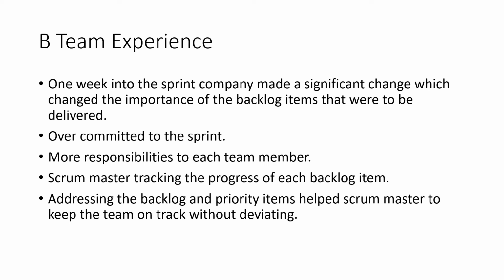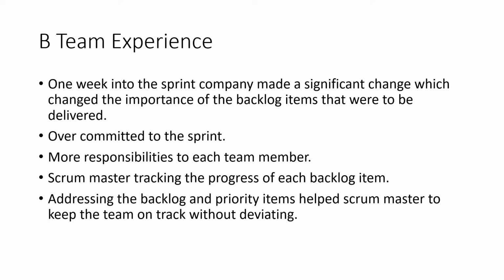But in this process, they overcommitted themselves, as they were working on the sprint tasks as well as the backlog items. So there were more responsibilities for each team member, which brought a delay in the backlogged items and the sprint.